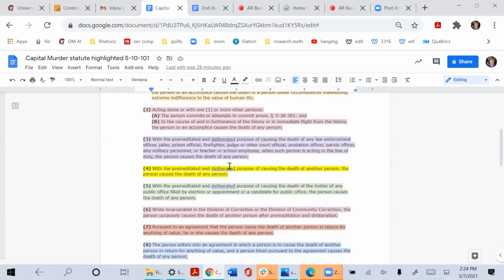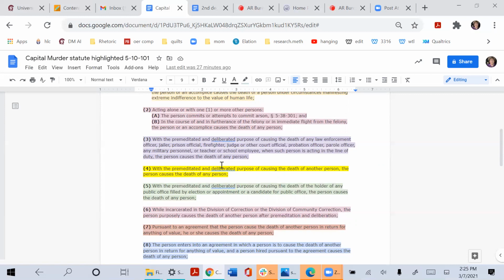It's number 4 in capital murder, premeditated and deliberated. It was number 1 in the second-degree murder, to act knowingly under circumstances that show extreme indifference to the value of human life.